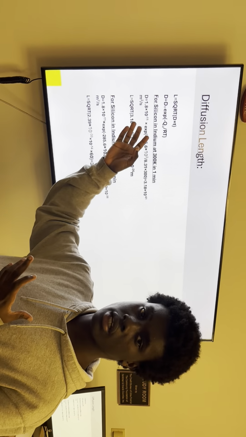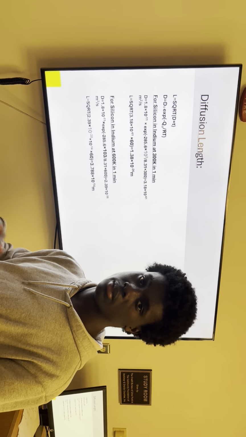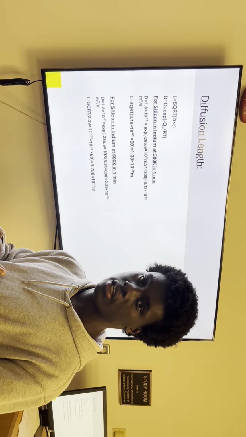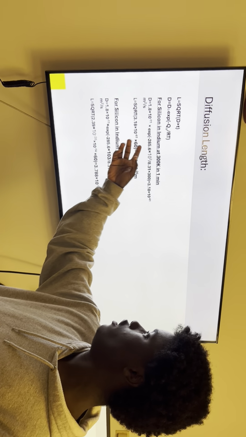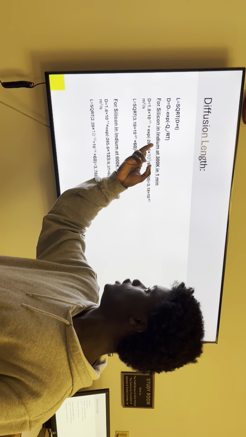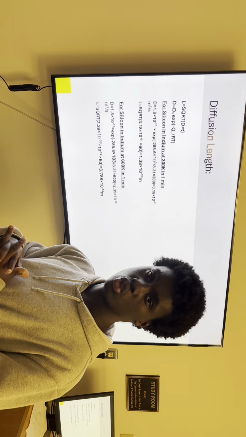So here the D naught, the diffusion coefficient of silicon in indium, is 1.8 times 10 to the minus 11 meters squared per second. That's the number we plug in, and the activation energy is 285.6 times 10 to the 3 joule per mole.